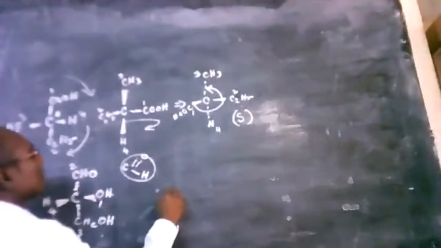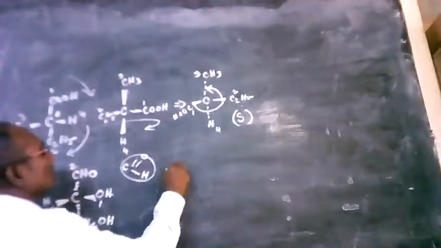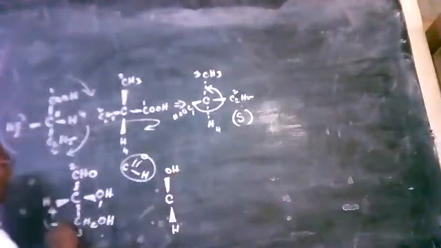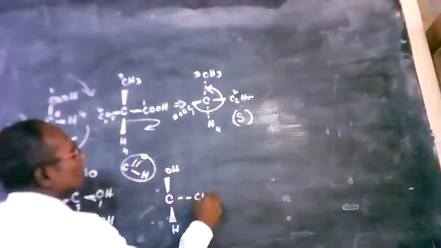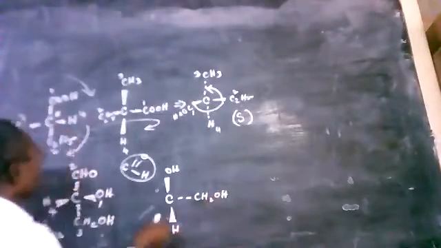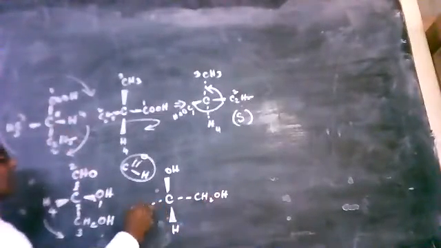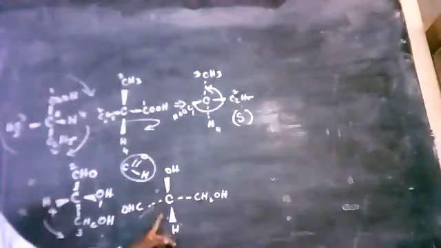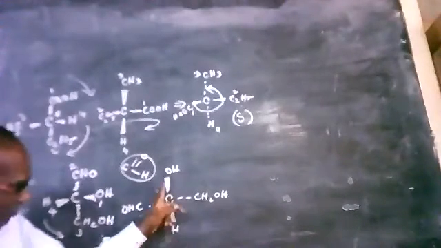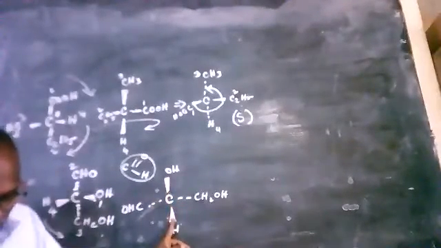So the OH goes up, and as it is turned, the CH2OH comes over here, and then CHO comes over here. But the problem is now this is not a Fischer, because here the vertical arms are projecting towards the viewer.